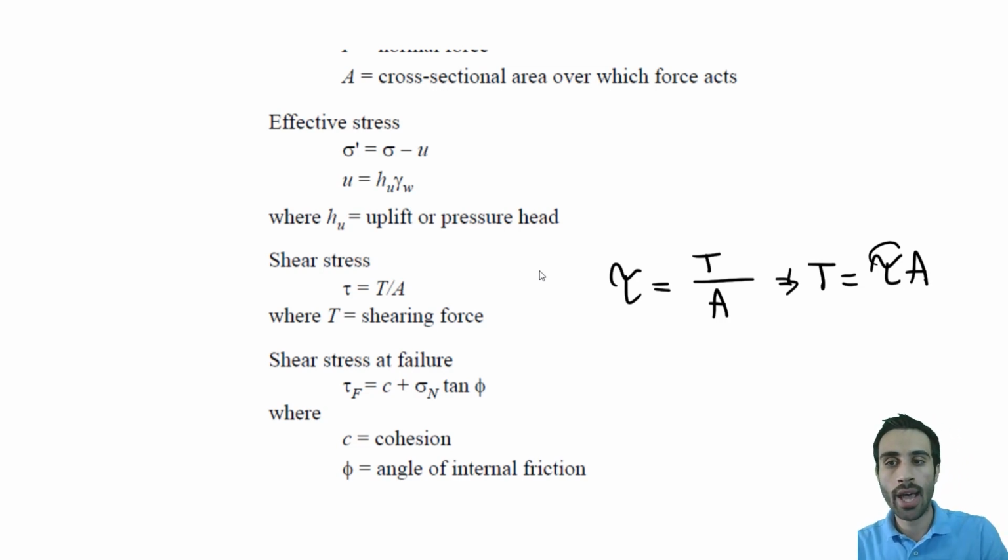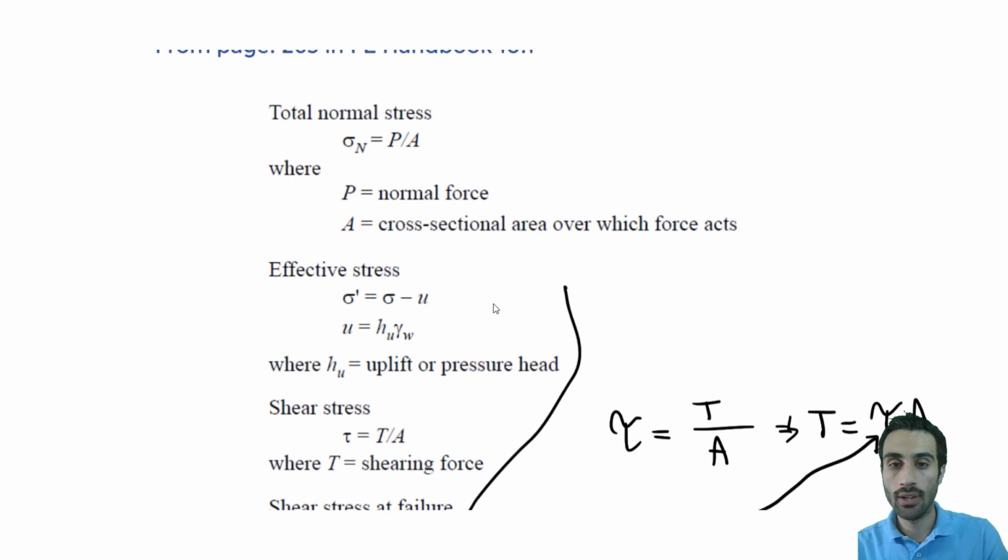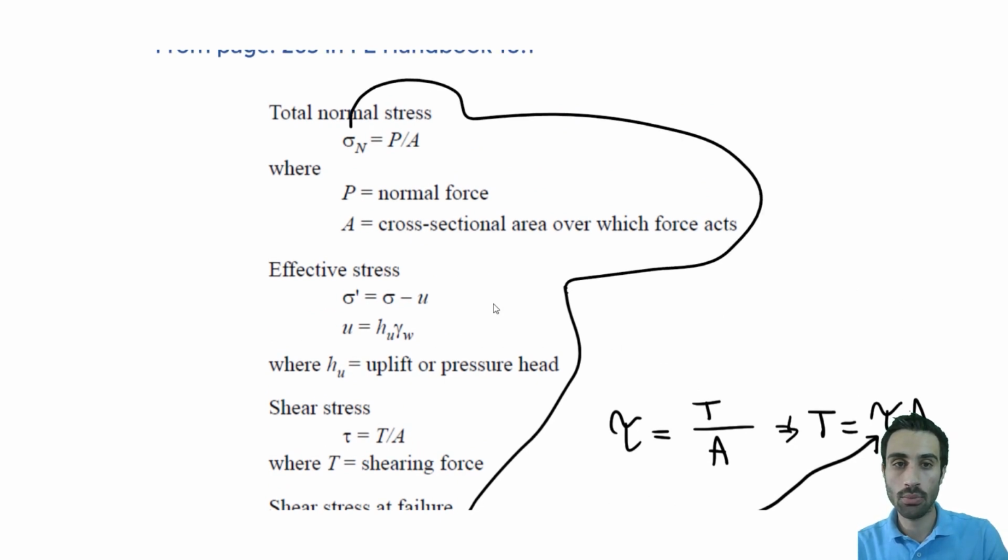So the shear stress, how would we get this? We can take this and put it in there. The way we can get this is by solving the equation on the right side of the equal sign, and we get that by going all the way above and applying this equation.